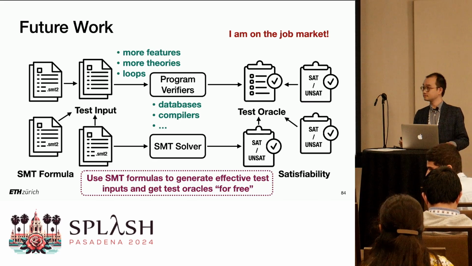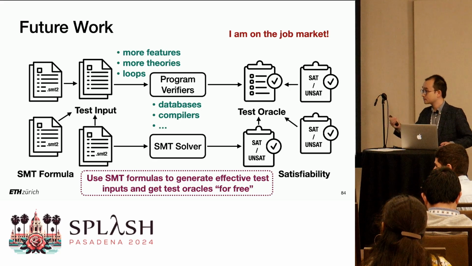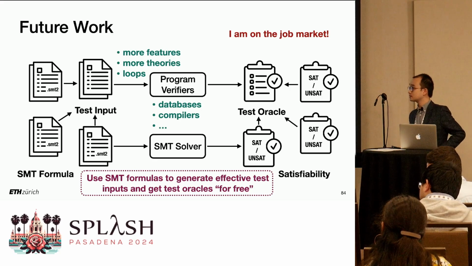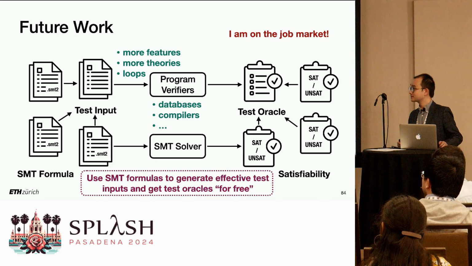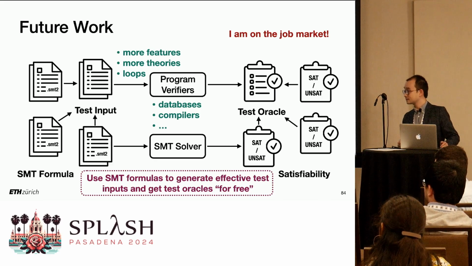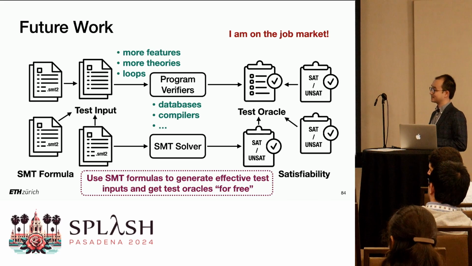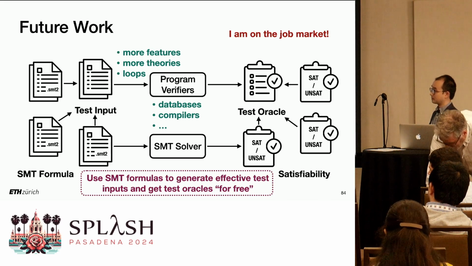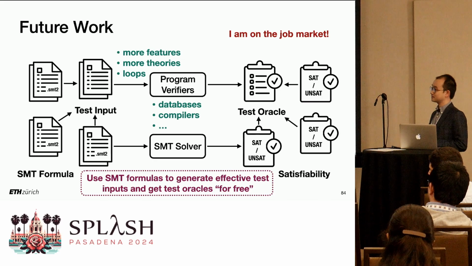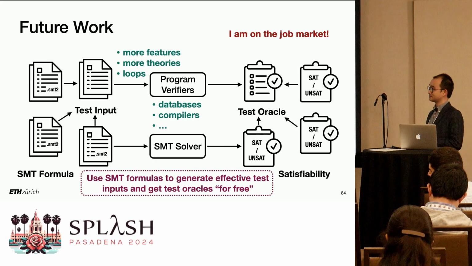Okay, thank you for your nice talk. I've got one single question about the rate of false positives. I think your method, long story short, is just translating the SMT formulas into the programs that you will then feed to the program verifiers, right?